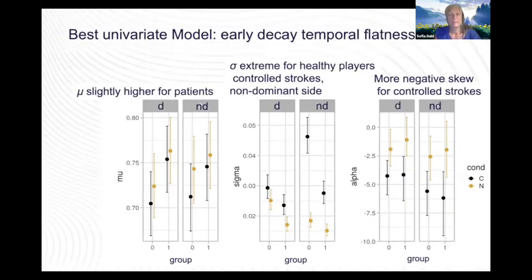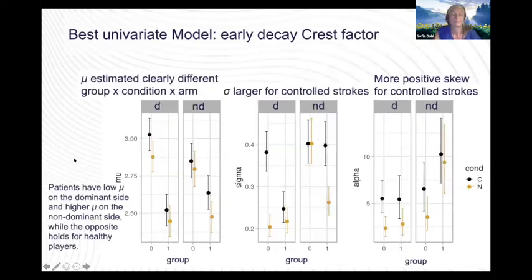For the temporal flatness in the early decay phase, we had a mu estimate being slightly higher for patients overall, whereas variability had one extreme case for healthy players, controlled strokes, and the non-dominant side. And that's a bit of an odd bird we can't really explain at this point.